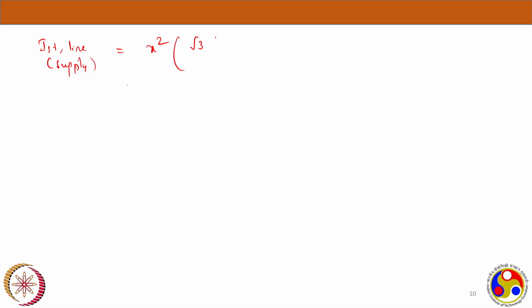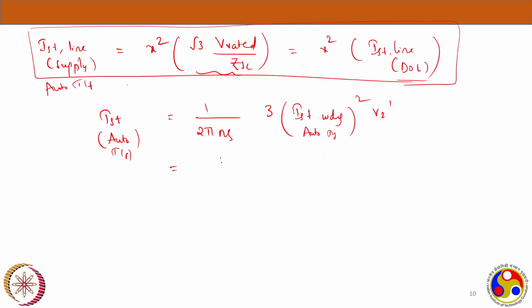Now 1 by 2 pi ns times 3 times your starting winding current drawn would be x times V rated by ZSC, whole square, R2 dash.